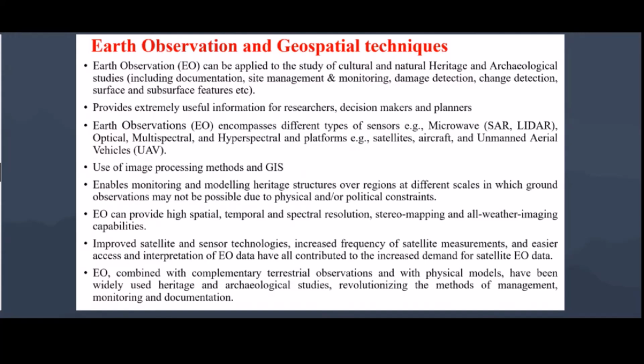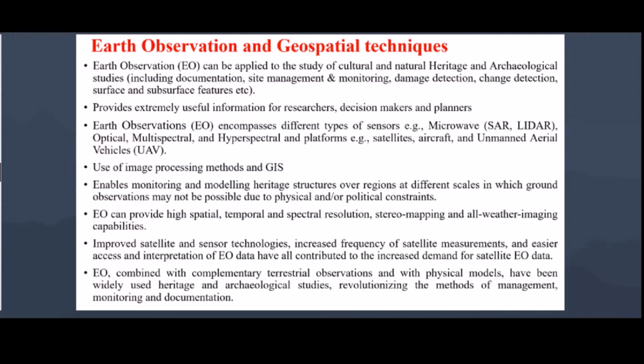Also, improved satellite and sensor technologies, with increased frequency of satellite measurements, that is, increased temporal resolution, and easier access, these data are now easily accessible, and the interpretation of the EO data has all contributed immensely to the increased demand for satellite EO data for these kinds of studies.